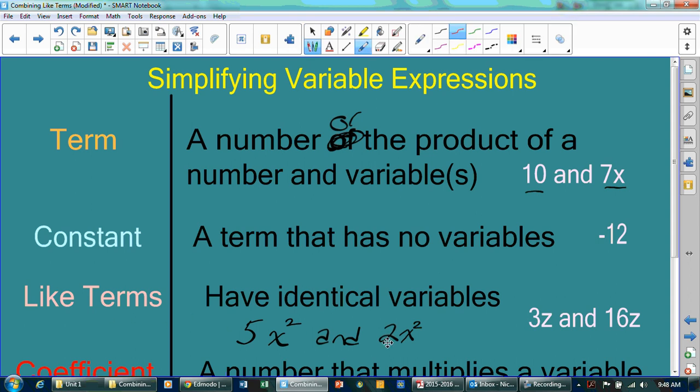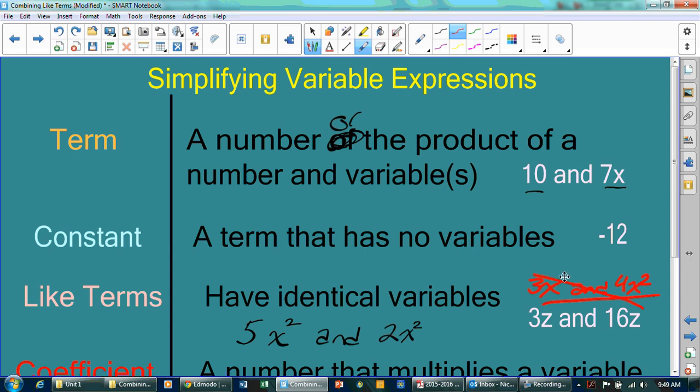But 3x and 4x squared are not like terms.